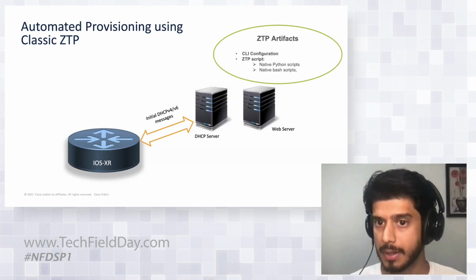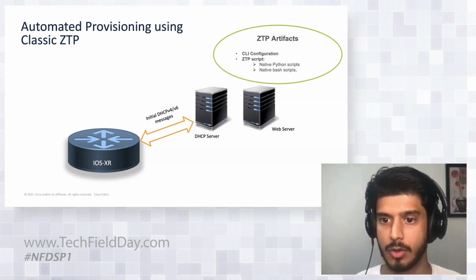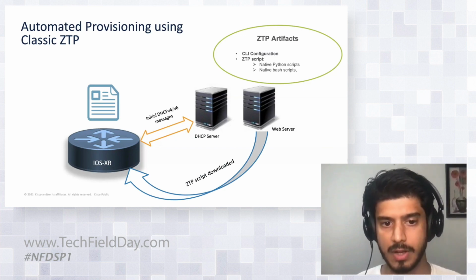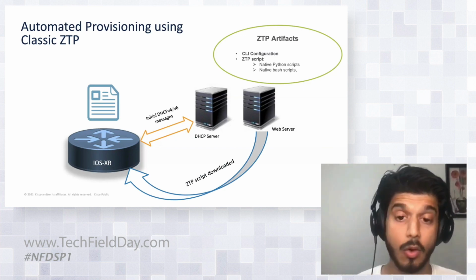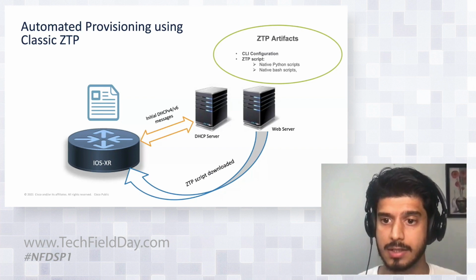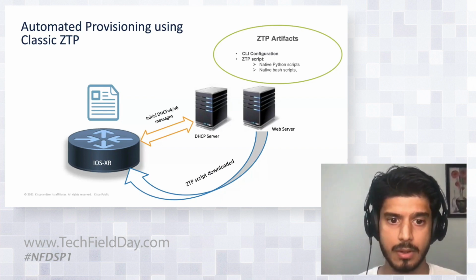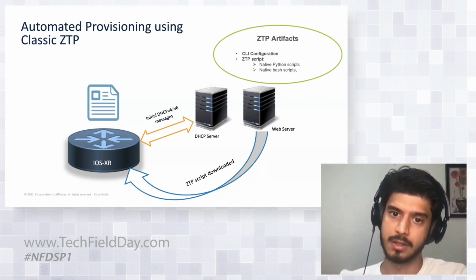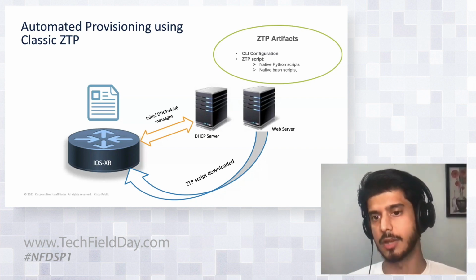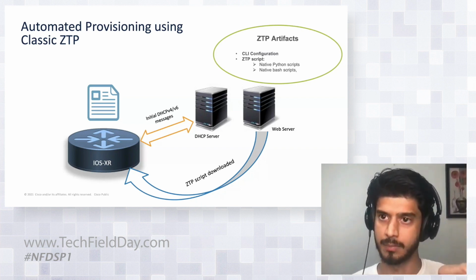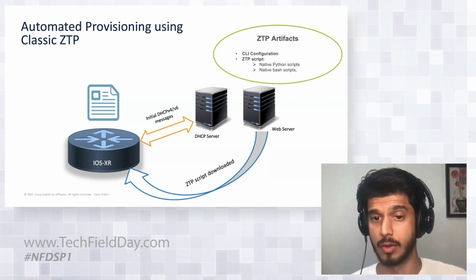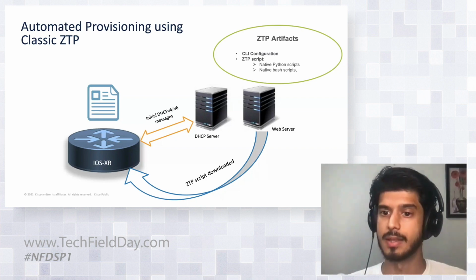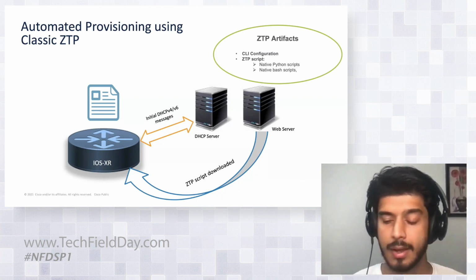So typically, you would expect that customers have their ZTP scripts lying on a web server. Based on the option URL given to the device, the script gets downloaded or the config, and it gets executed subsequently. So the device basically gets provisioned to a certain state as needed with just these three components in play. The router, with no config or anything on it, the DHCP server to get it the IP and the options that it needs, and then the web server to download stuff.